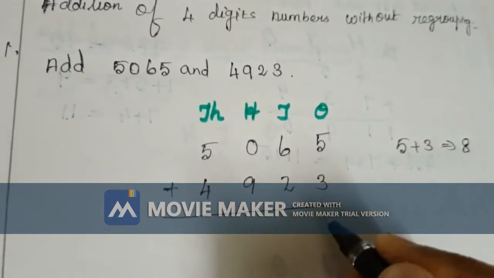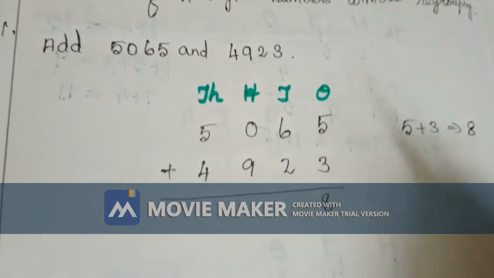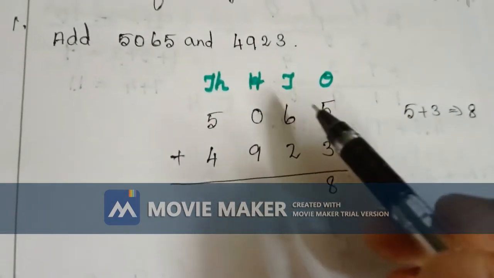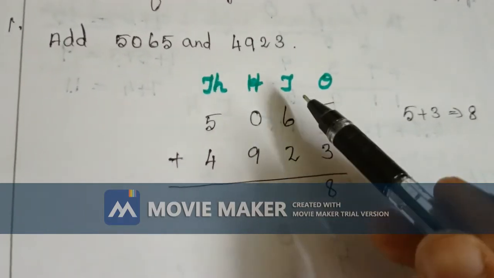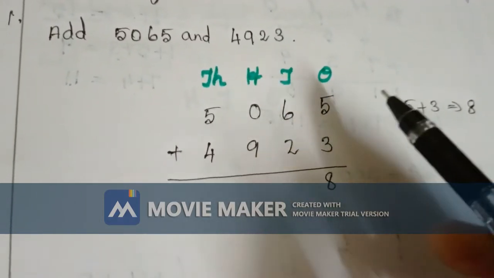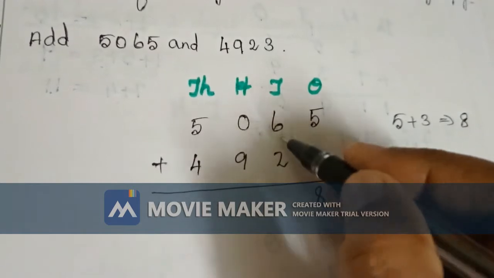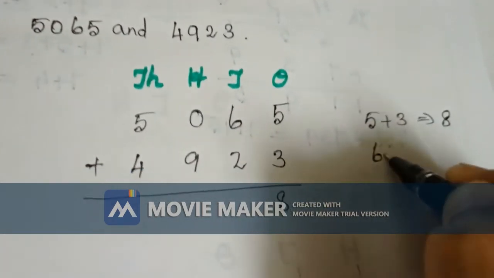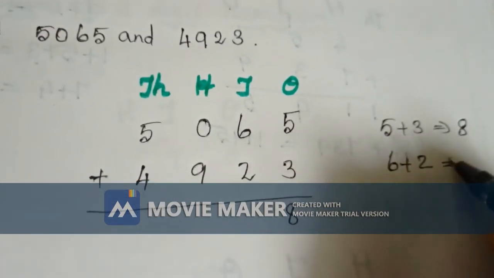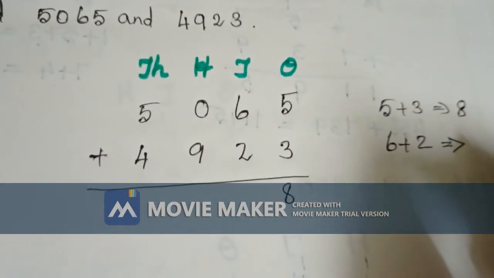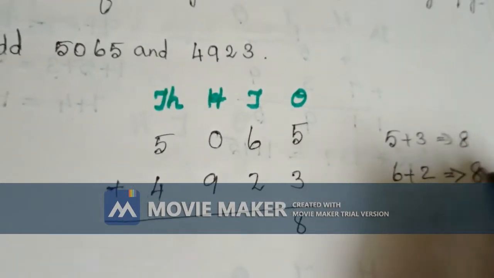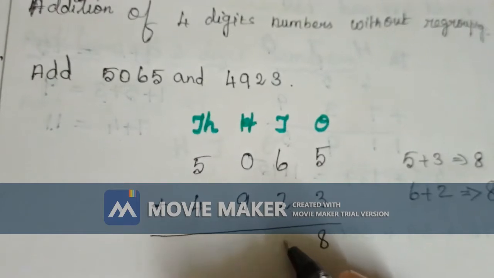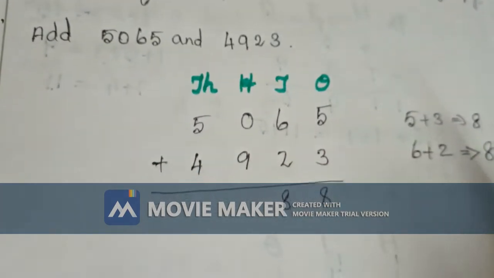So write 8 in the ones place. The next step, you have to add the values in the tens place, that is 6 plus 2. 6 plus 2 gives us 8. Now write it in the tens place.